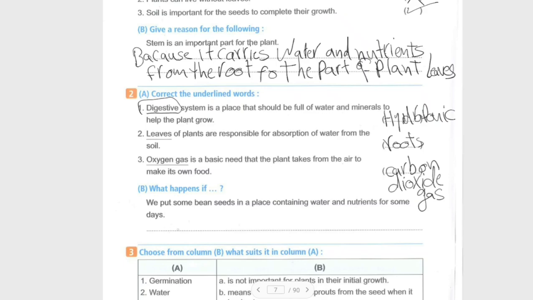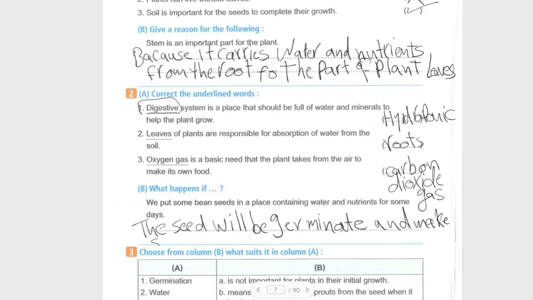The seed will germinate, meaning it will sprout, and make sprouts and begin to grow.